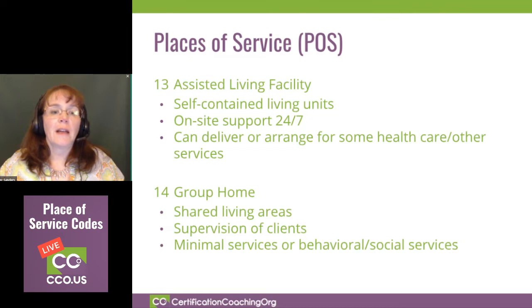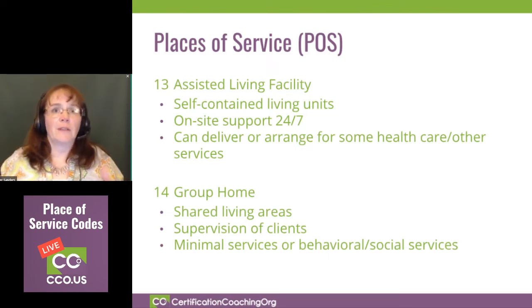13 is your assisted living facility. So this is where people have their own little apartments. They're self-contained living units. So maybe your grandparents or aunt and uncle or somebody lives in an assisted living facility. There's on-site support, but they live in an apartment. They have a kitchen, a dining room, a bedroom, a living room.